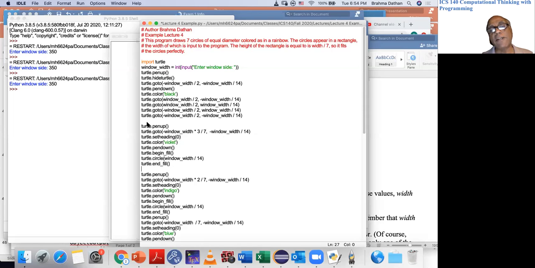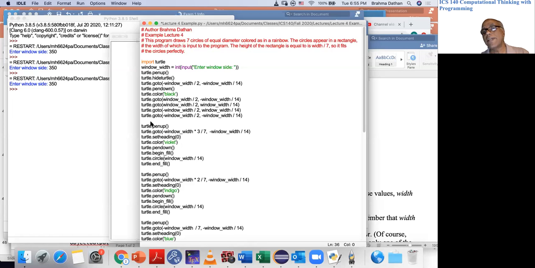Now it is just a matter of copying and pasting the same code. I just copied and pasted. This is what I did, honestly. I drew a box and then wrote the code for drawing one circle and copied and pasted. Once I knew that it was working perfectly, it took a while to get that done.